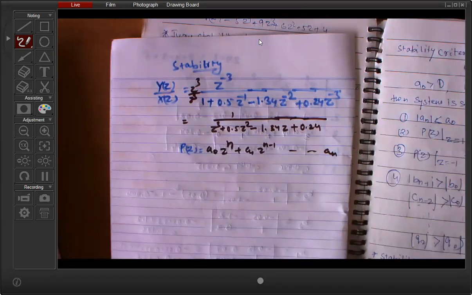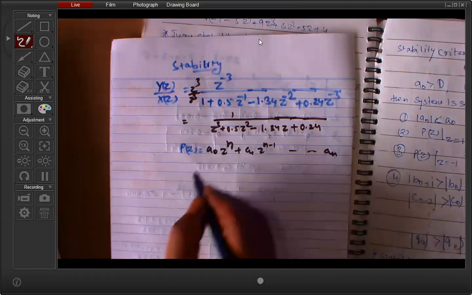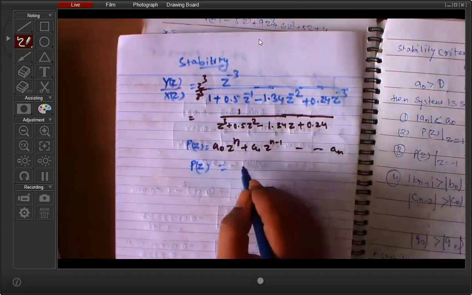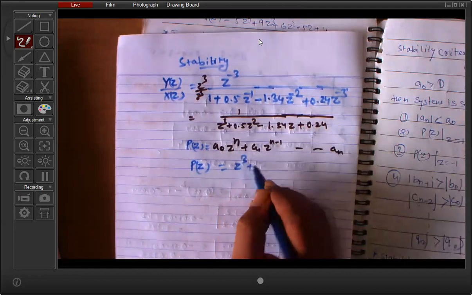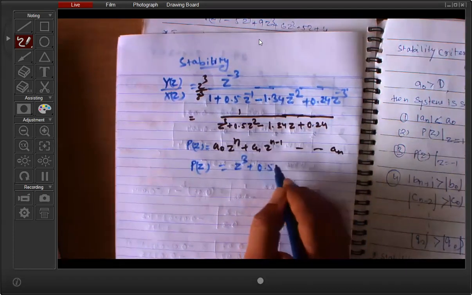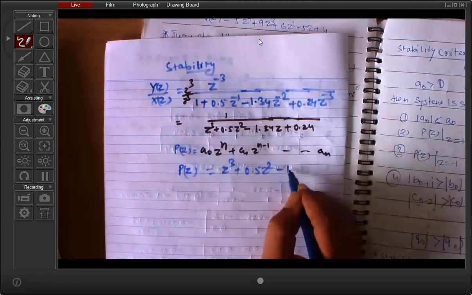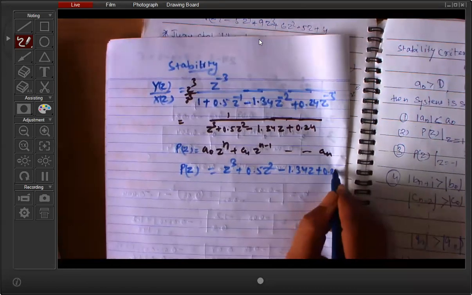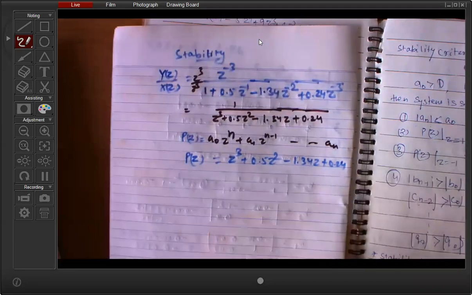Any doubt? No, sir. Now tell me, what is the given polynomial? The given polynomial is z to the power 3 plus 0.5 z square minus 1.34 z plus 0.24. Any doubt?